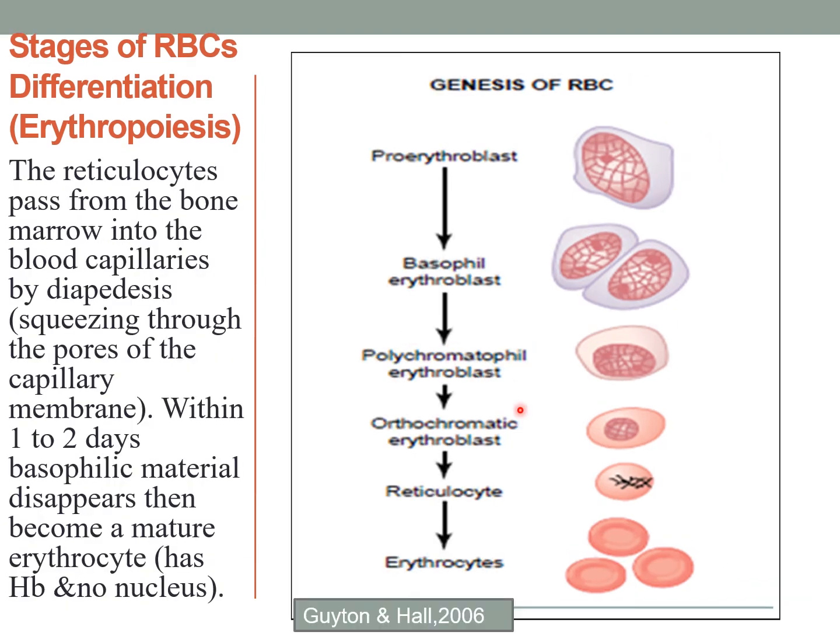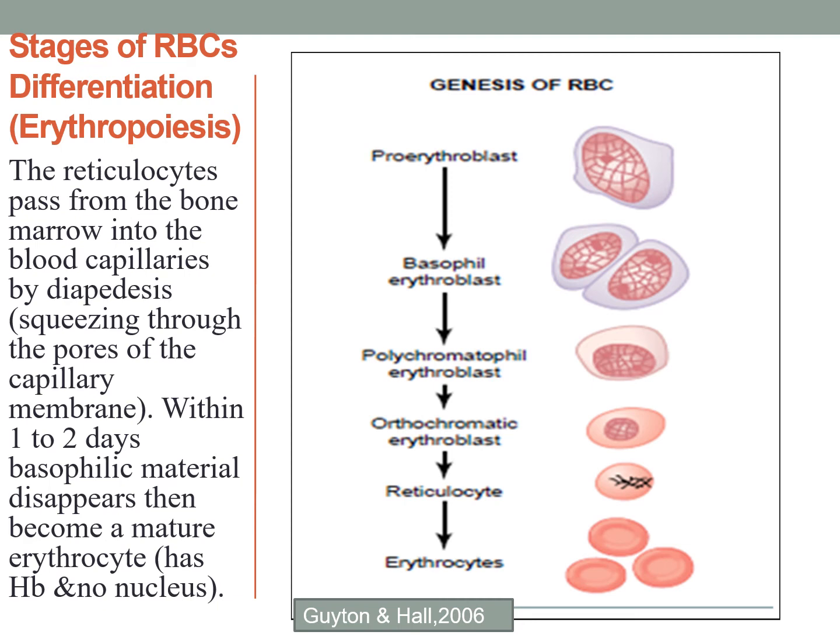Now, at the stage of this reticulocyte, the reticulocyte will pass from the bone marrow into the blood capillaries by the process called diapedesis, which is the squeezing of this reticulocyte through the pores of the capillary membrane.